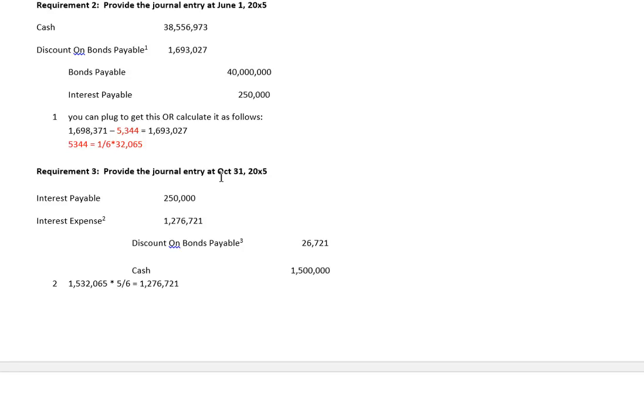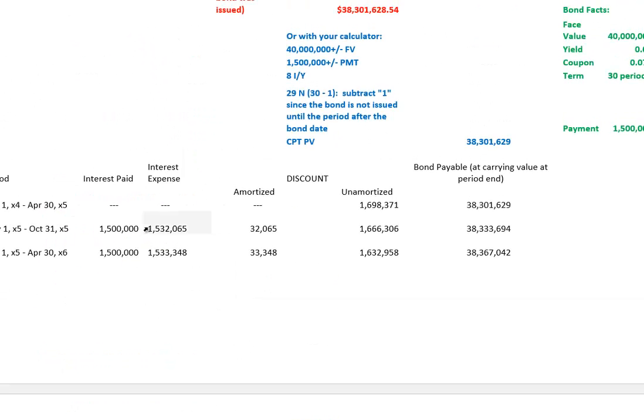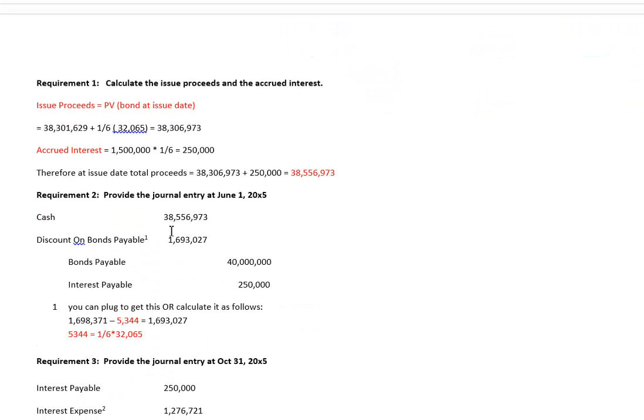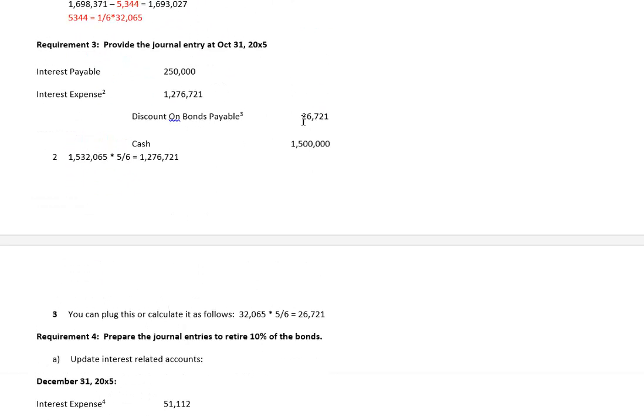And that's 5 months, June, July, August, September, October. Because it's a semi-annual bond, we're going to take the entire interest expense, which we booked here for a full 6 months. But we only want it from June the 1st to October 31st. We only want 5 months of the 6. So what we would have done at this date is amortize, of that original amount of discount, which was $1,693,027, we've amortized $26,721.